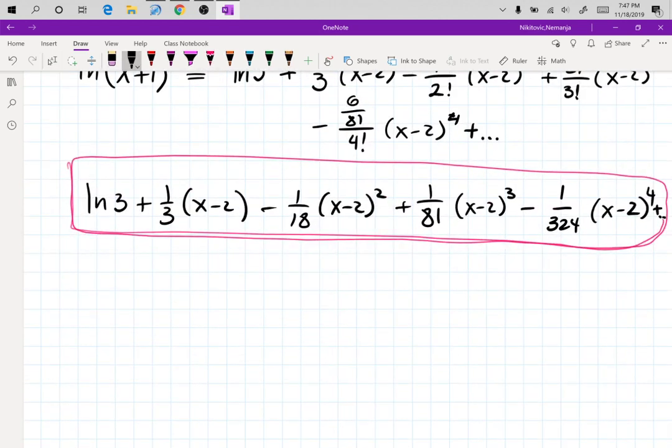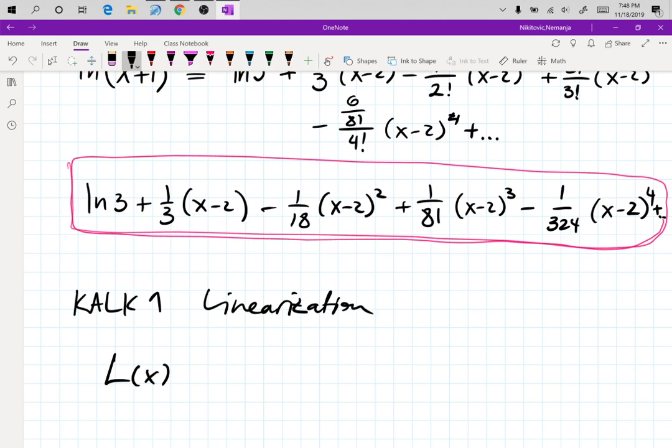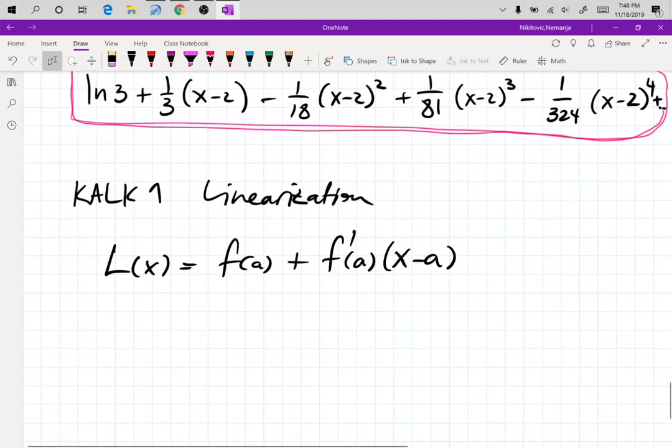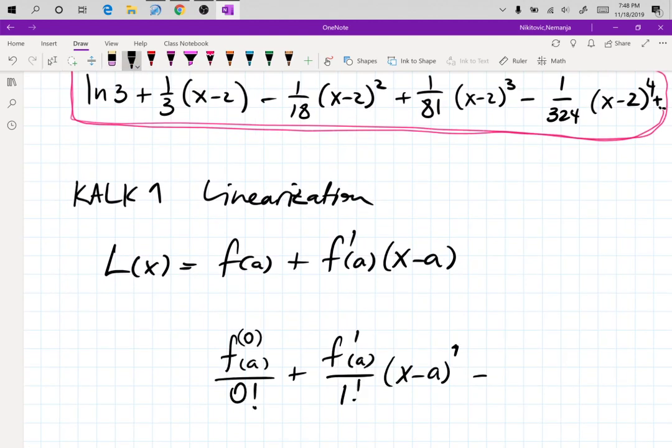Here it is. Calc 1, linearization. And we had L of x is equal to f of a plus f prime of a times (x minus a). You remember that? How about if I just write f to the 0 to the first power plus f double prime, blah.